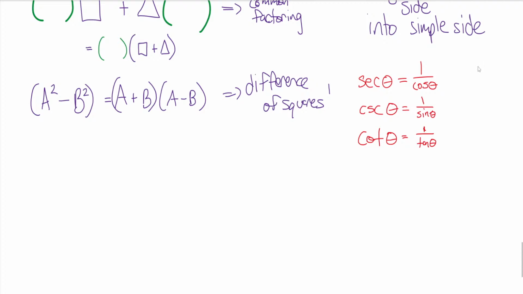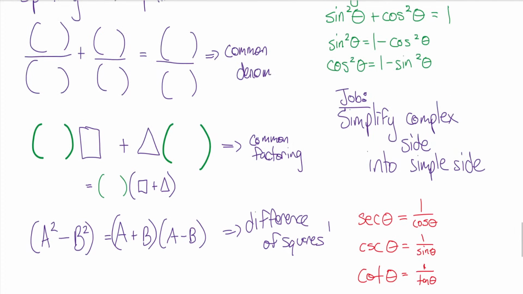Okay, cool. So that's something you're going to need. Okay, so let's try this. Let's try secant of x minus, oh, wait a second here, actually. That is something that I want to test. Why is this looking so crazy? Okay.